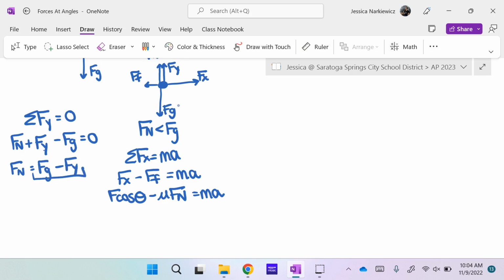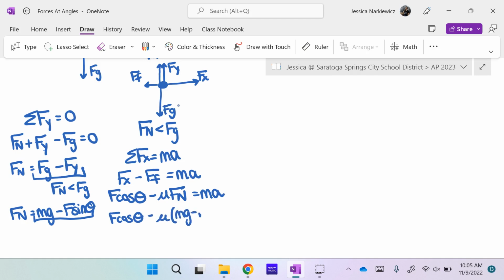And again, this equation better supports that the normal force is less than the force of gravity. So once I plug in for the y component, this looks like mg minus F sine theta. So this whole thing gets plugged in for the normal force. It gets real ugly real fast. We don't have a lot of pretty equations in physics. This is mg minus F sine theta equals ma.